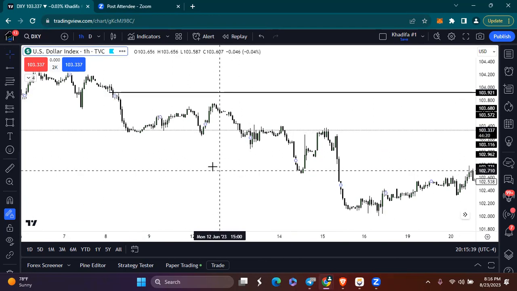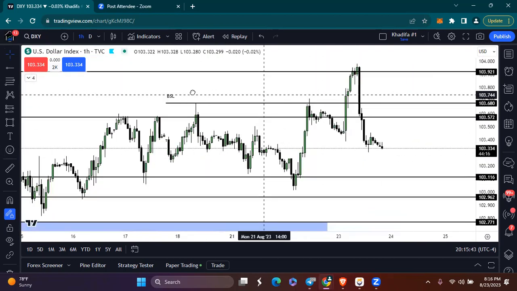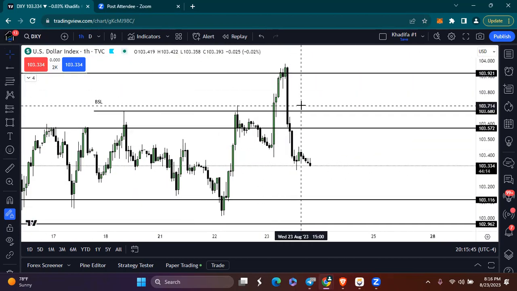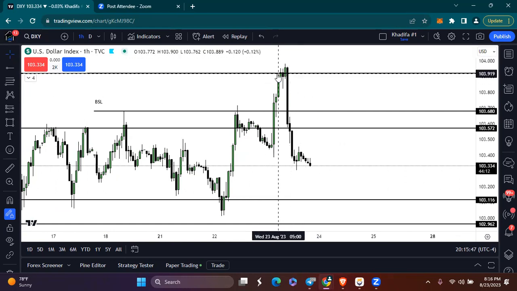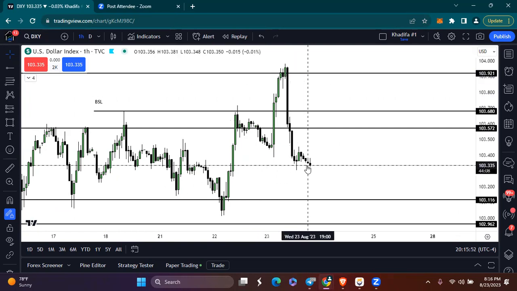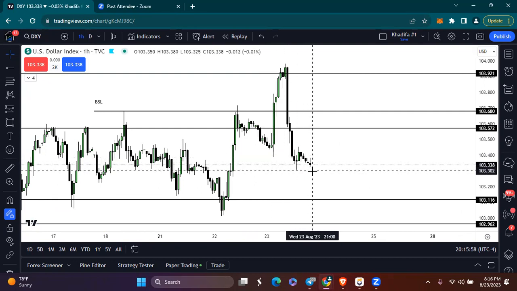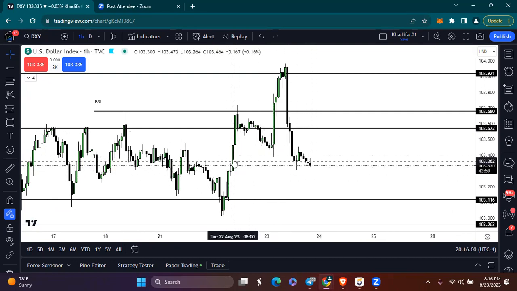You put a level there, extend that out. We see price ran up into that. And once price ran that, you see price ran away from that level, coming back down to run this sell side liquidity here and close the day inside of this imbalance today.